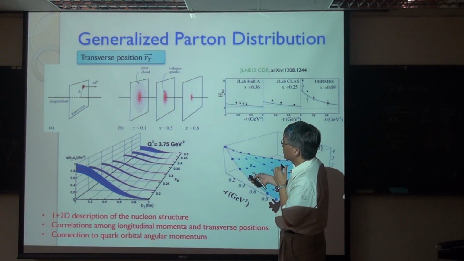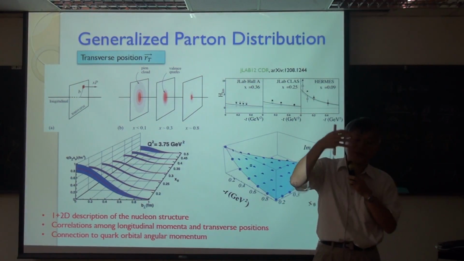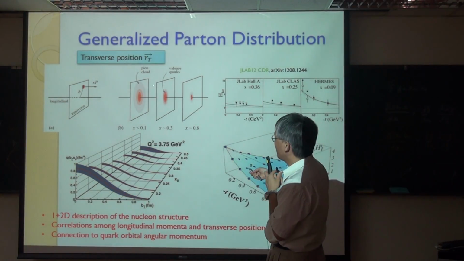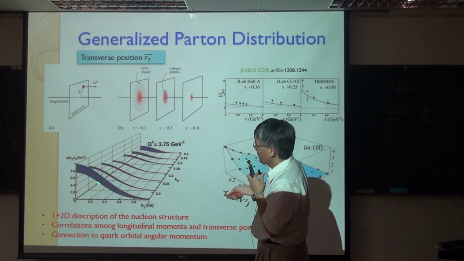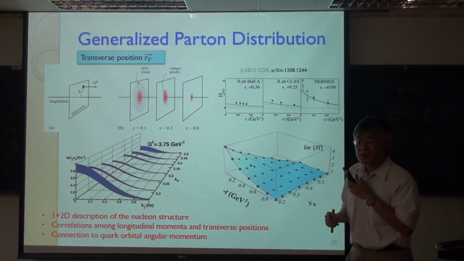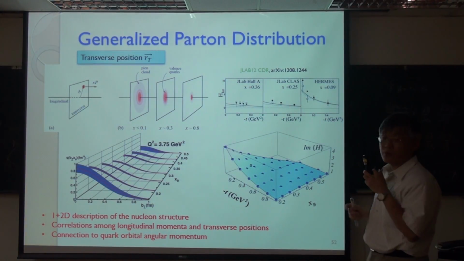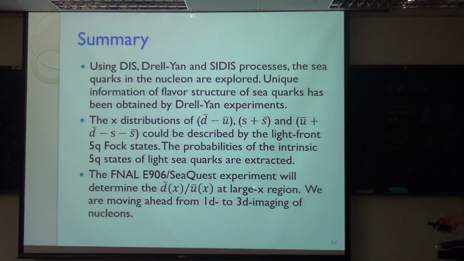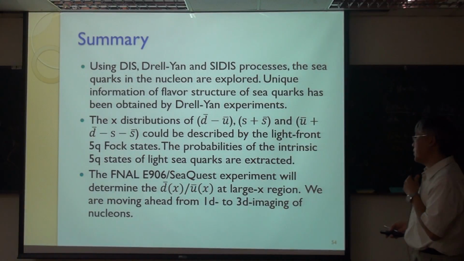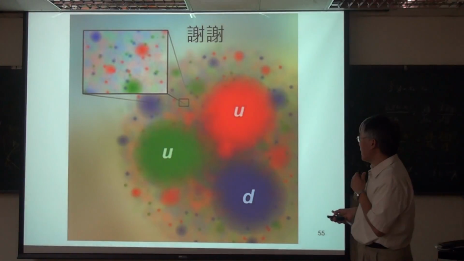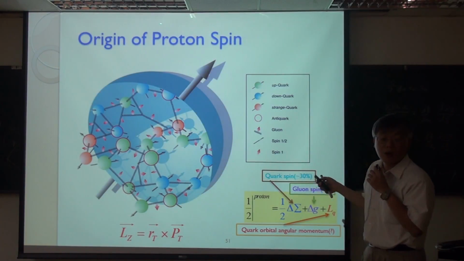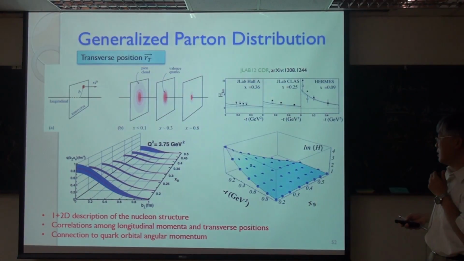For example, you can imagine you getting a proton here, making some momentum slice and looking at the transverse spatial distribution of the proton. Hopefully this more multi-dimensional picture about the proton can bring us to understand more about, for example, the proton spin issue.